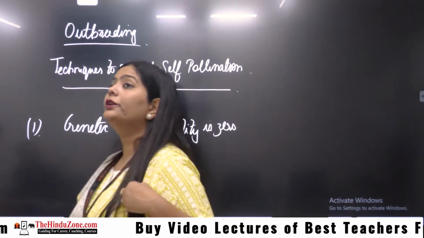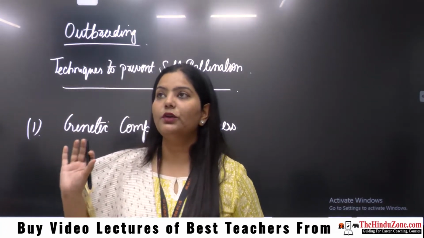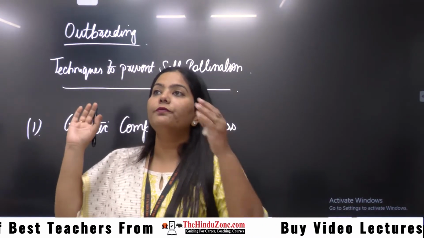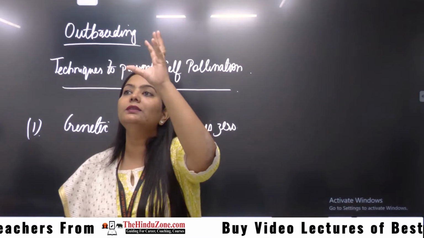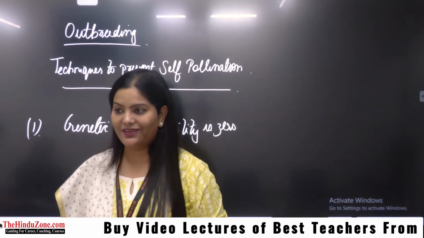अच्छा, in order to go for self pollination, this thing also cannot be ruled out: the anther and the stigma should mature at the same time only, है ना?